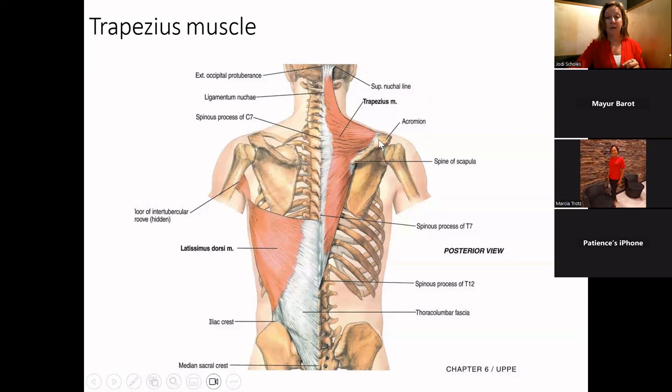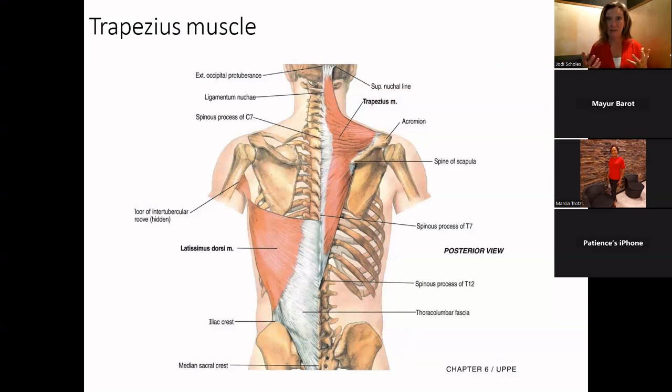So take a peek at this right here. This is the whole scapula, shoulder blade. Here's that bony part that sticks out, the spine of the scapula. And the trap inserts into, attaches to, the spine of the scapula. That's why it can elevate the scapula.